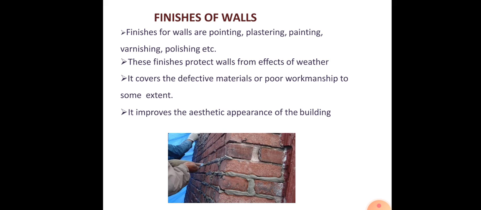Pointing is a process of filling the gaps of the walls here and there using cement mortar, and plastering is again giving a smooth surface of cement mortar over the masonry. And of course painting is done in various colors and shades, so that it gives a good aesthetic appearance to the building, as well as protects the building from various weathering actions.